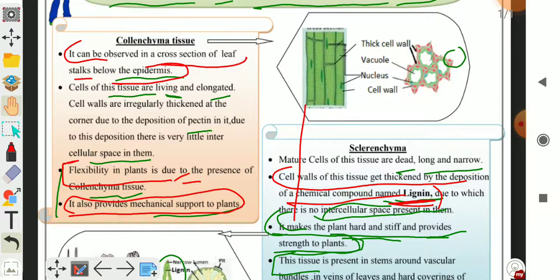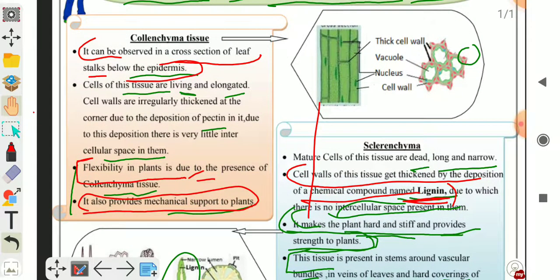Cells of collenchyma tissues are living and elongated, while the cells of sclerenchyma tissues are dead, long and narrow. Corners of the collenchyma tissues are thickened due to the deposition of pectin, while the cell walls of the sclerenchyma tissues are thickened due to the deposition of lignin.